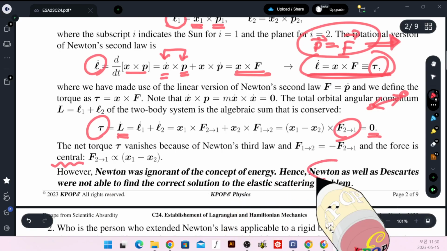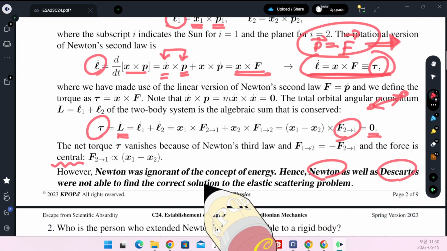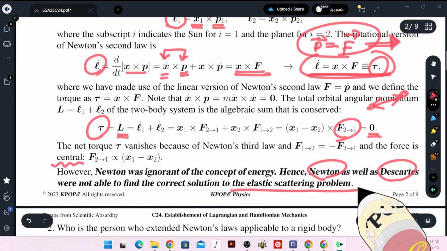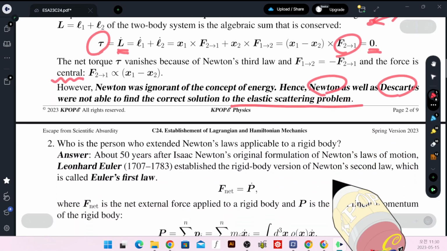In fact, Newton and Descartes were not able to find a solution for the elastic scattering problem, for example, the collision of billiard balls, because even though Newton knew about linear momentum conservation, energy conservation should also be used to determine the unique solution for the collision problem.